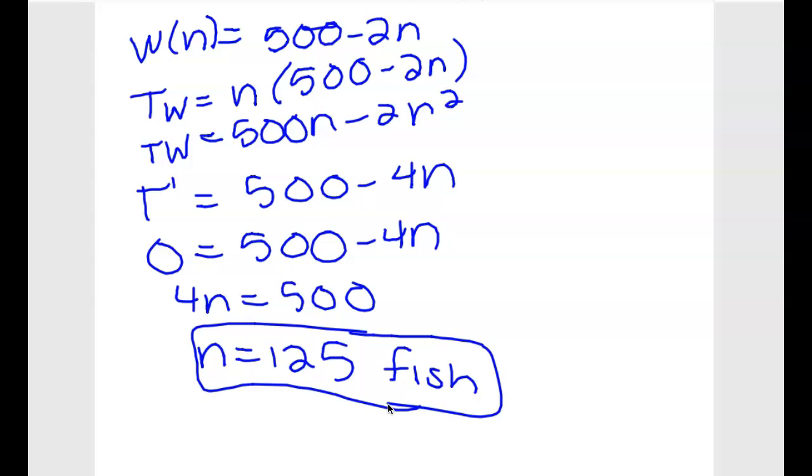If you think about the formula 500 minus 2n, so you had 500 equals 2n, divided by 2, you got 250. That's not even what I did. I just filled in the chart. I just started plugging in numbers between 250, and by numbers, I mean 100, and stuff.